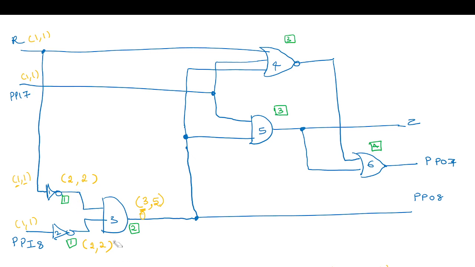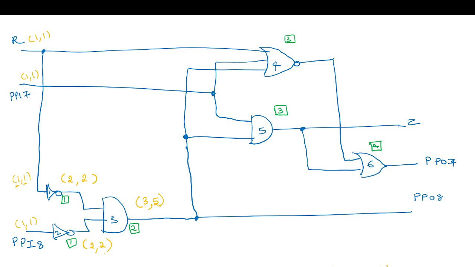There may be a chance that, say, this is 4 comma 4, so I will choose this path because controlling this path is easy. This is where the controllability and observability metrics are required, and this is where we use the SCOAP algorithm.